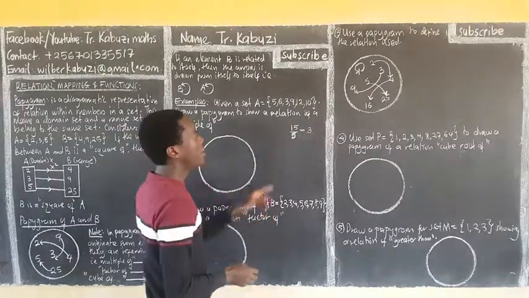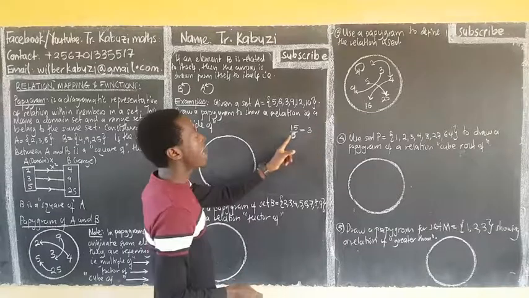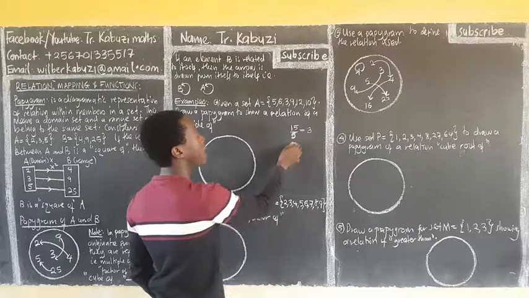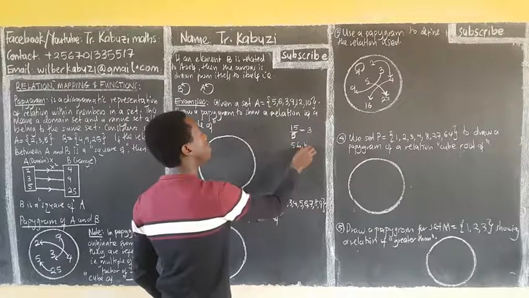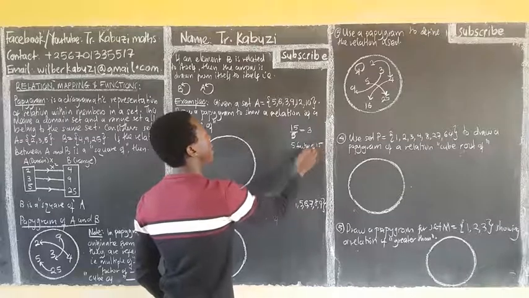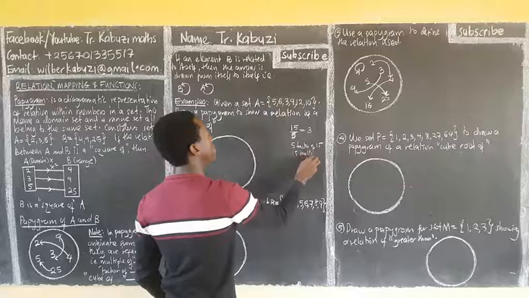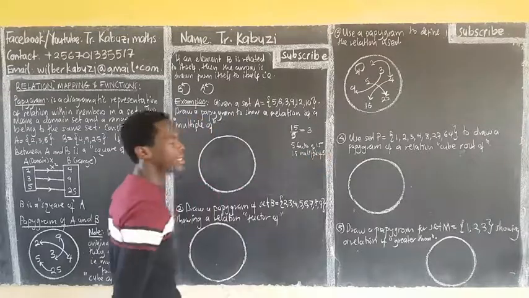It means that 15 is a multiple of 5 because we are not having any remainder. And now 5 is a factor of 15. So 5 is a factor of 15, but 15 is a multiple of 5. That's the idea.